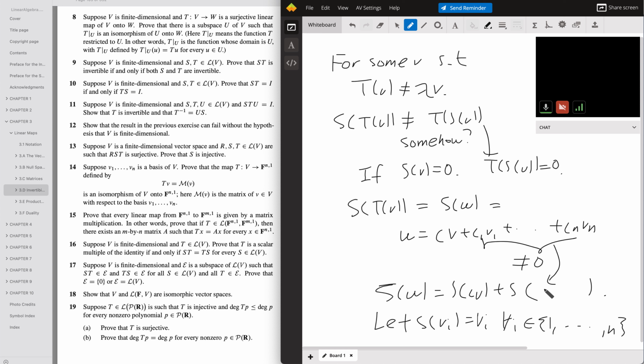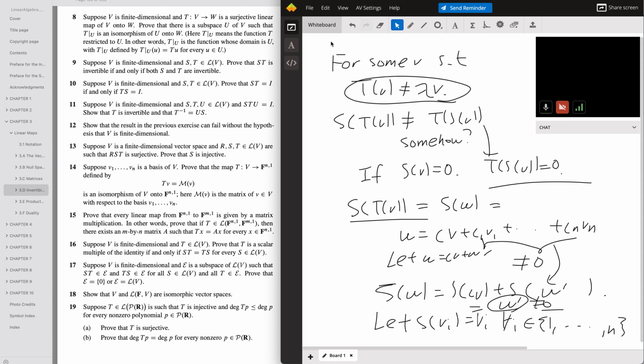So this is S of something not 0, equal to cV plus V prime, and this is just equal to W prime, which is currently not equal to 0. So we're done. We managed to construct an S such that, for every T where this does not hold true, ST does not equal TS on the specific V.